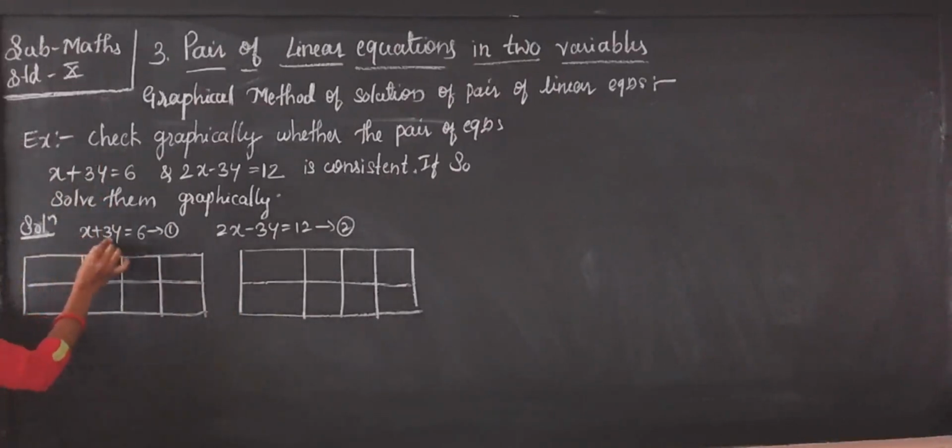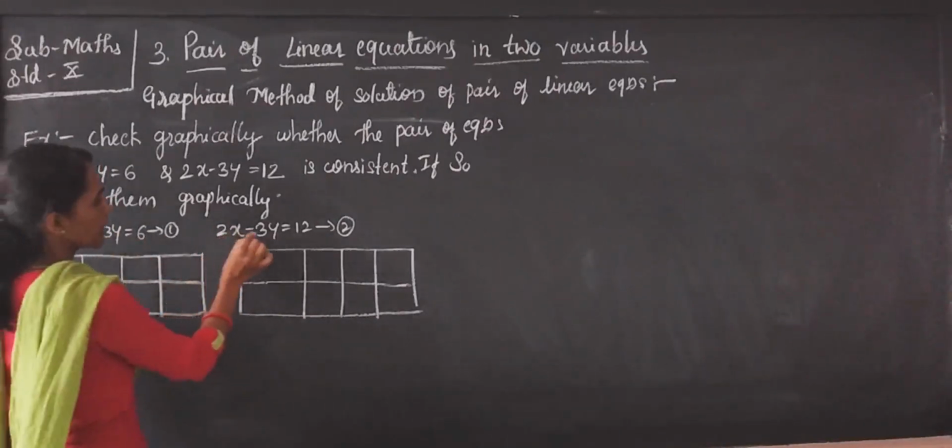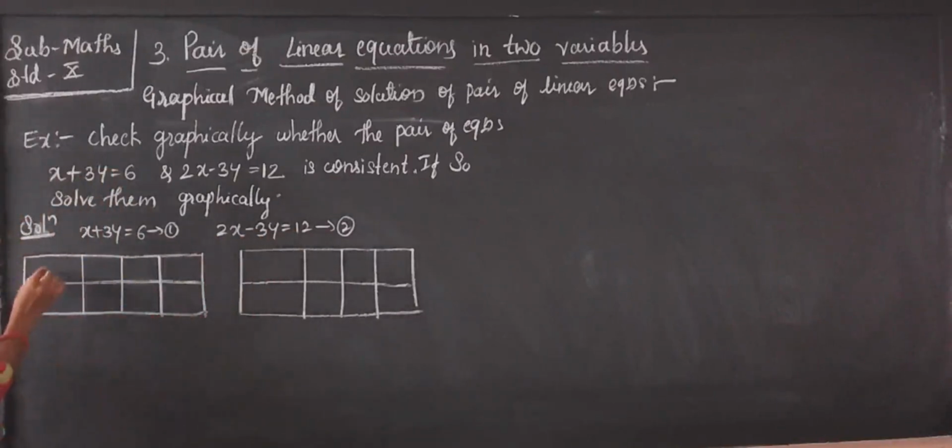The first equation is x plus 3y is equal to 6 and the second is 2x minus 3y is equal to 12. We want to put in values of x.